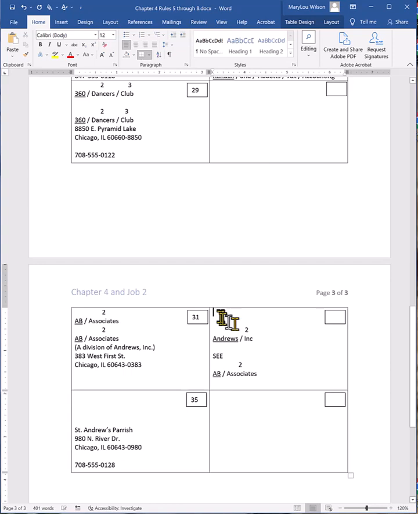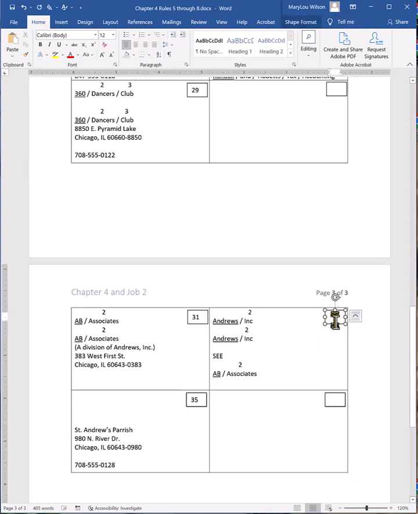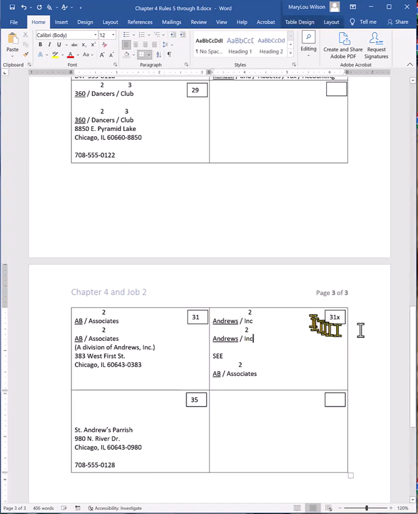Now let's write in correct coded order at the top the name of this cross-reference, Andrews Inc., and then we will code it again. Again, this in the upper left-hand corner is to make it easier when you have these records as individual cards. It just makes it easier to hold them and to put them in order. So we have now cross-reference number 31. Let's do one more, record number 35.